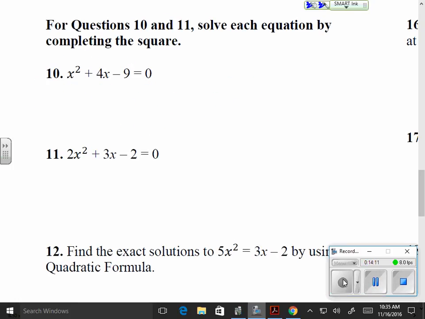For number 11, you need to do the same thing. I'm going to add 2 to both sides, so I end up with 2x² + 3x = 2. I also need to factor off this 2 in front of the x².